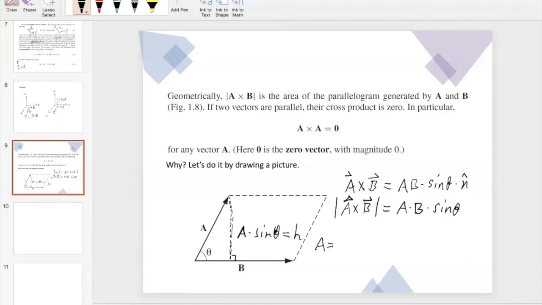Area equals base times height. So here, in this example, base is the magnitude of B. Height is A sine theta.